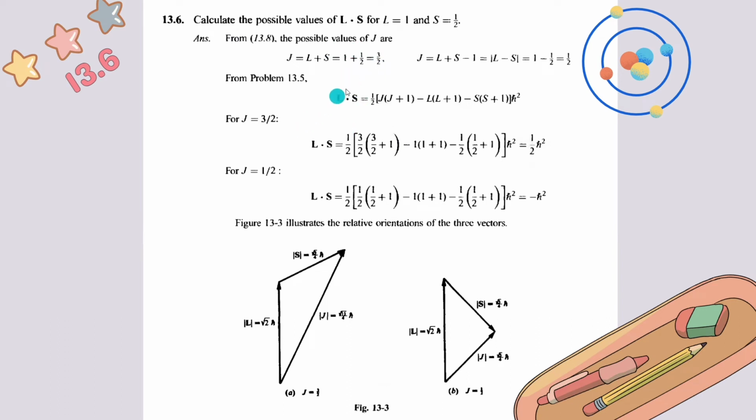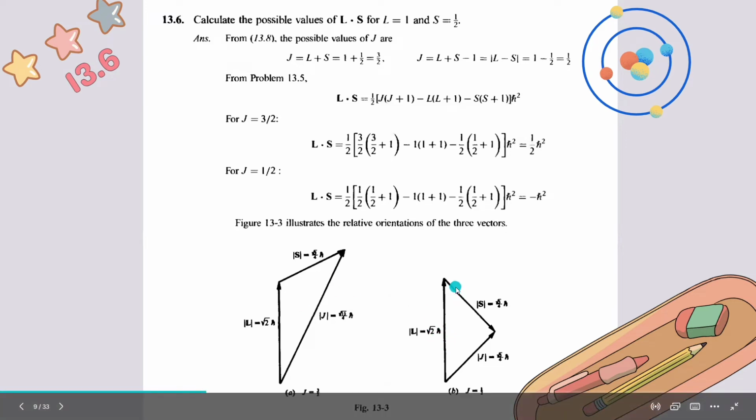For J equal to 3 over 2, we substitute and we get half h bar squared. For J equal to 1 over 2, we get negative h bar squared. It just illustrates the relative orientation of the three vectors here. So that's all for this question.